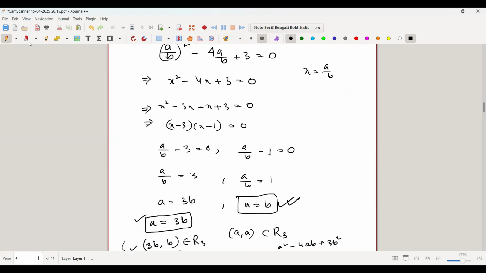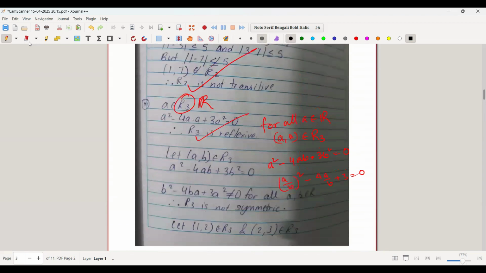That means we have to take here (3, 1). A should be of the 3B type. So this is (3, 1). This belongs to R3, but (1, 3) does not belong to R3.